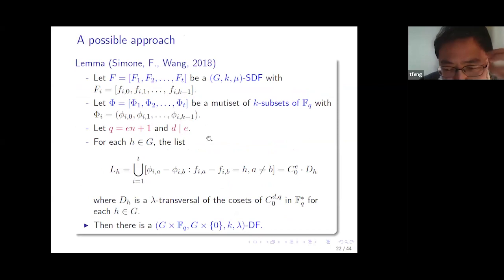A little summary: we want to construct a difference family, and the order is not a prime, it's a product of some numbers. For example, we can construct a difference family over a group G times a finite field Fq. First, in its first coordinate, construct a strong difference family.